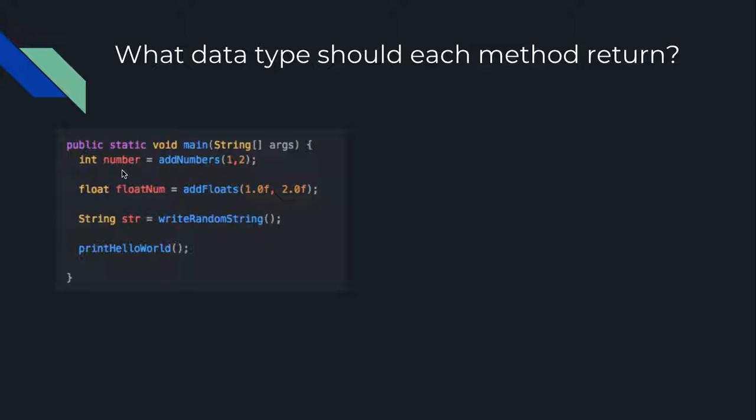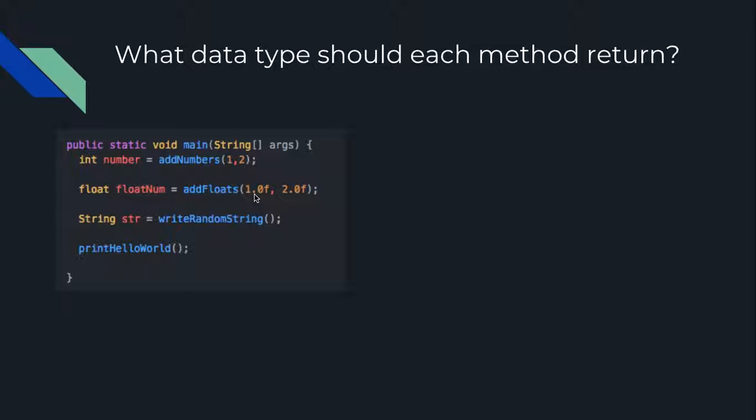So let's look at int number equals add numbers. So it seems like it's going to add numbers 1 and 2. And we are going to be putting that value inside this number variable, and the number variable is declared to be an integer. So I can already tell that the return type of this add numbers method will be an integer. In that same style, we see that we have a float num, which is declared to be a floating point number, and we are calling add floats.